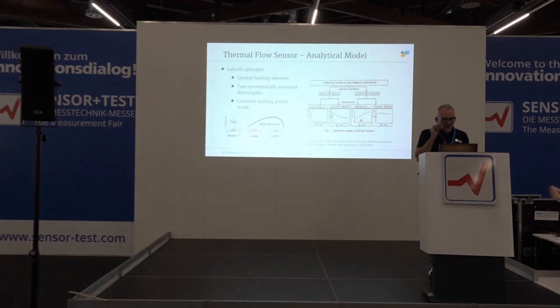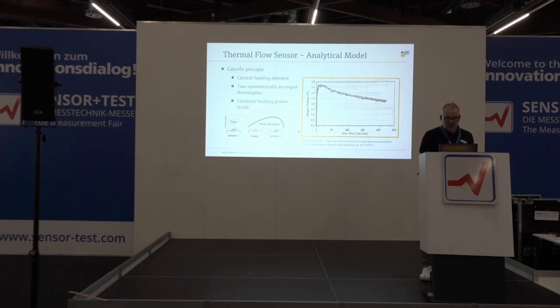So how this thermal flow sensor works, you can operate the thermal flow sensor in different modes: constant heating power or constant heater temperature. We use constant heating power, and then we look at the temperature difference. That's the best way to work with this sensor with low flow rates.